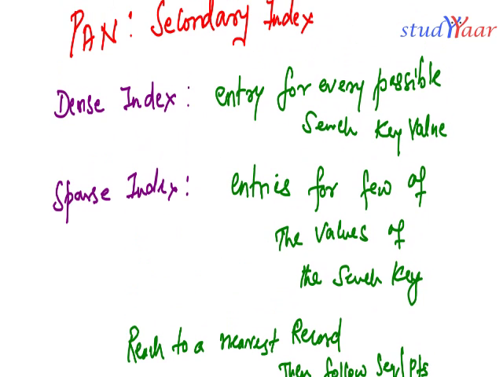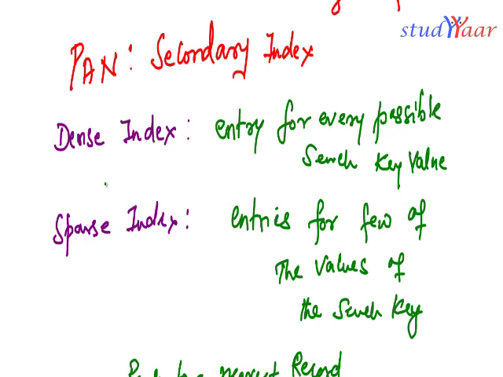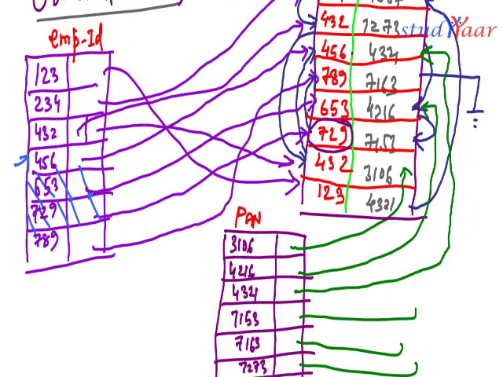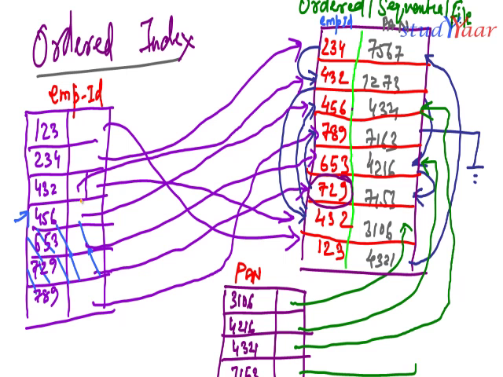Just understand one thing with respect to dense index, and that is it does not necessarily have to keep two pointers for a repeated value, right? Like we have 432 here, which is repeated twice in the file.